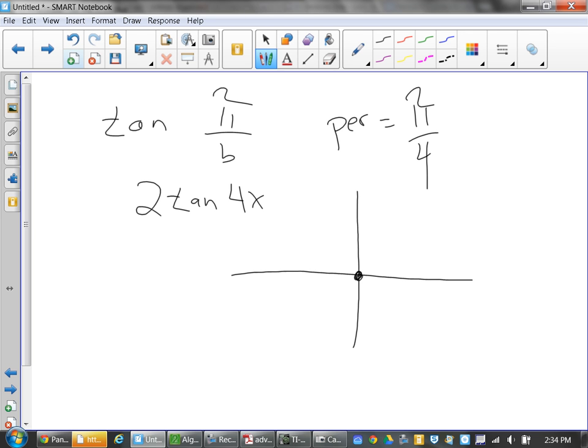That means my asymptotes are going to be placed at half of the period, plus or minus, so at pi over 8 and negative pi over 8, because the distance between them is pi over 4. And then my breakpoints would be half of that, pi over 16 and negative pi over 16.